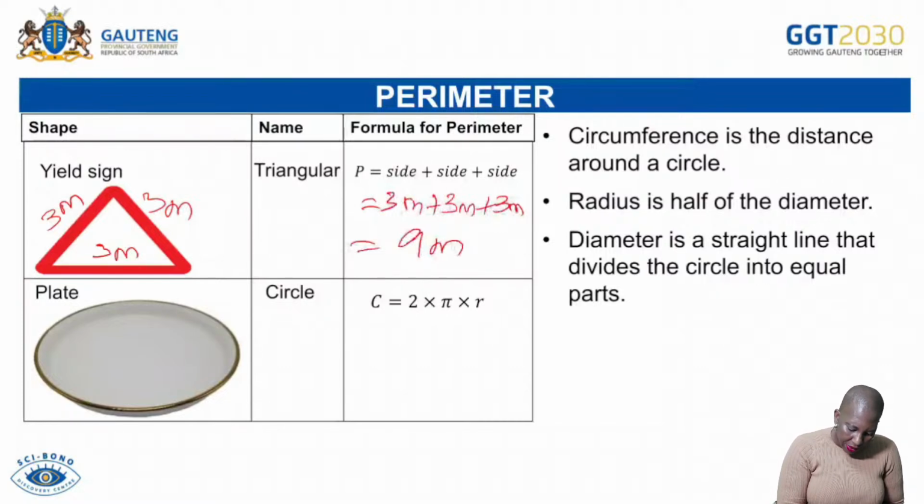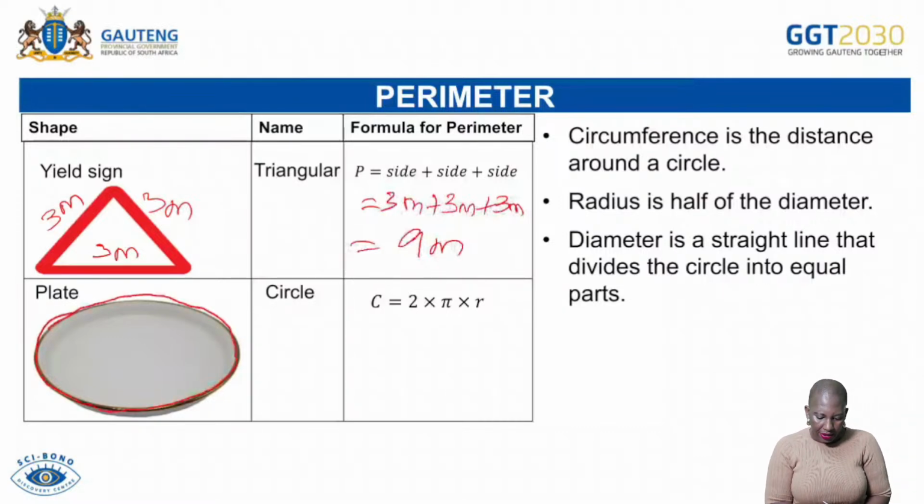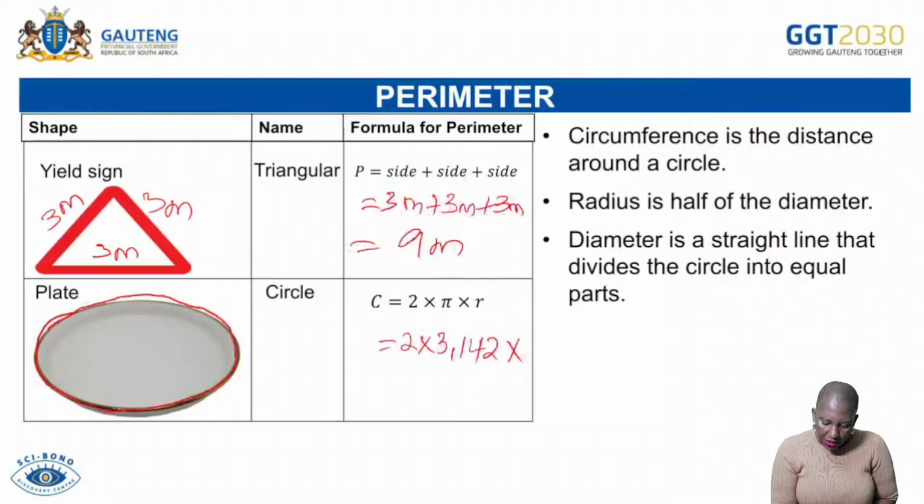The same applies with a circle. As you can see, it's round. I'm only focusing on the gold part. The circumference of the circle is 2 pi r. It will be 2 times pi, always given as 3.142, times our radius. Remember the radius is from the center of the circle to the circumference.